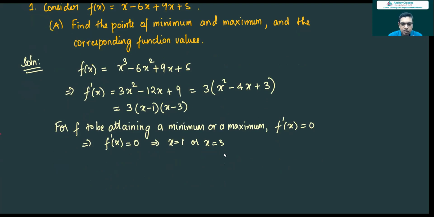So for f to be attaining minimum or maximum, at these 2 points, x equal to 1 and x equal to 3, the derivative is 0. Now will it be maximum or minimum? Let us check. For that, we apply the second derivative test.